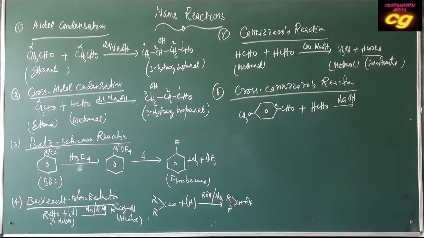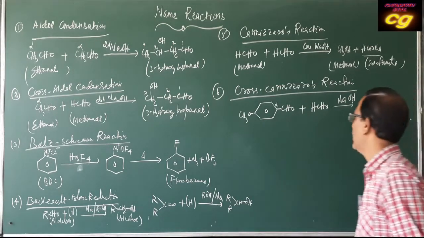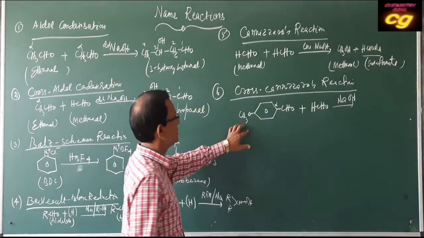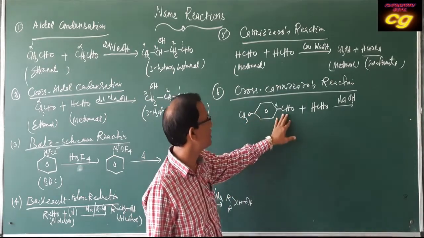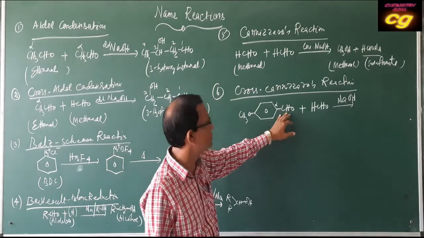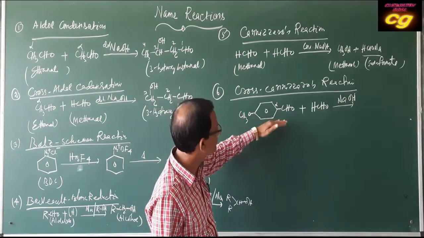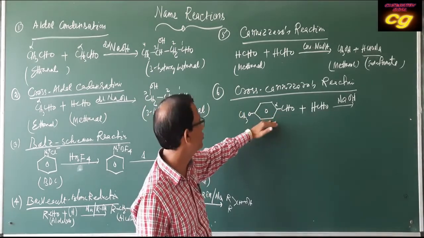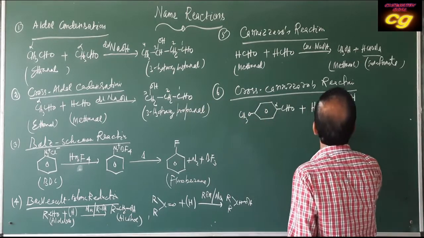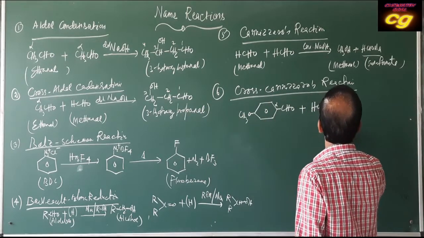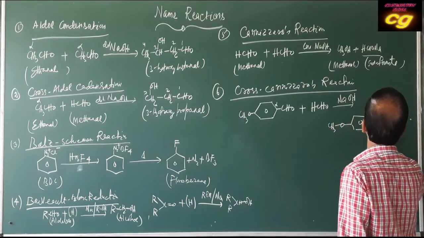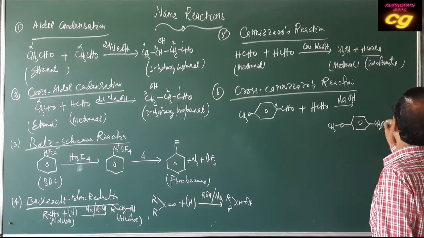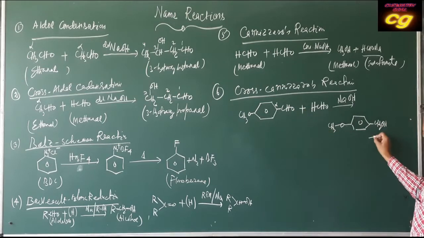Here what happens? Which will be reduced, which will be oxidized? As you see, it is a cross reaction, so for this compound the electron density of oxygen will be more. So first, what happens? It will be reduced to alcohol. This is your alcohol product, CH2OH, that is alcohol, and the remaining will be acid.